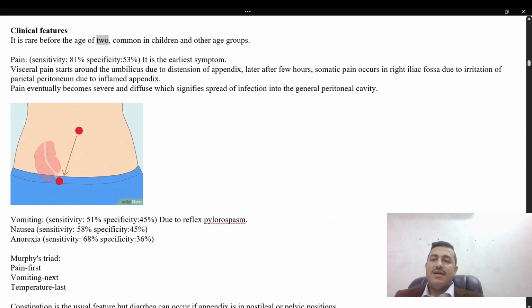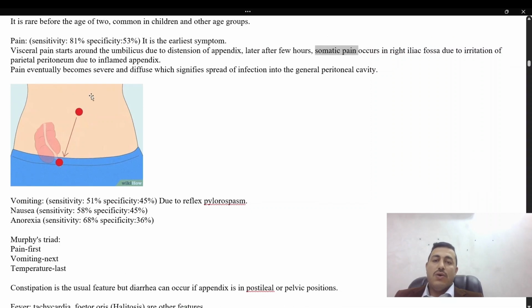The pain actually starts as a visceral pain around the umbilicus, and then it moves when the appendix gets irritation or comes in contact with the parietal peritoneum and causes somatic pain. So it starts with visceral pain at the umbilicus and then somatic pain at the right iliac fossa due to the irritation of the parietal peritoneum. This is called the migratory behavior of pain.